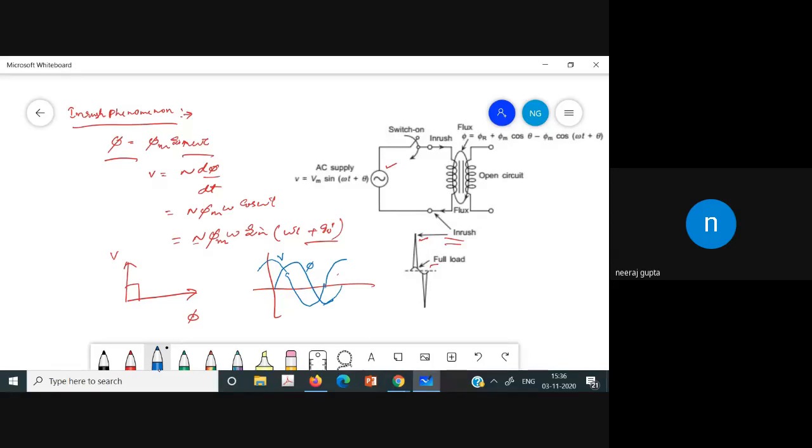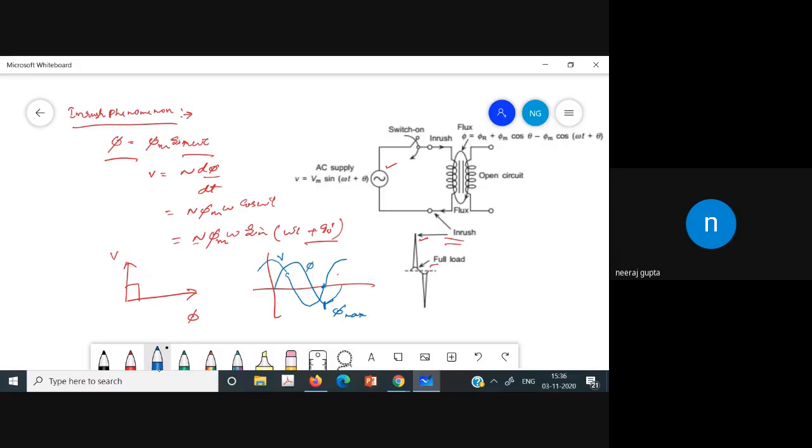So when the voltage is passing through zero and moving towards the positive, the flux is at the negative maximum. This is the waveform for the voltage, and this is the waveform for the flux.